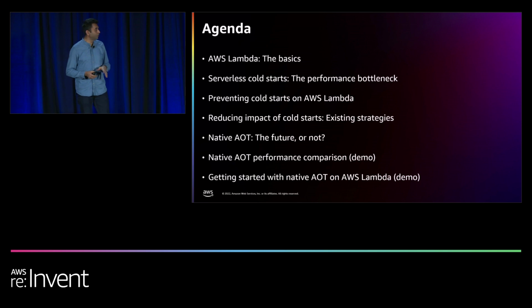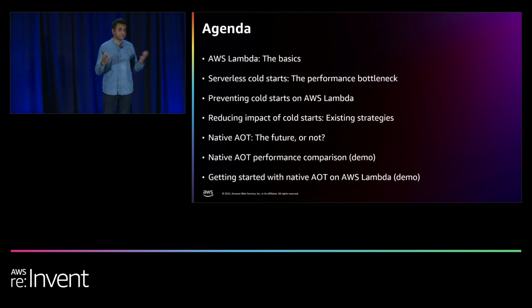And this year, we have been focusing and investing a lot around native AOT, and we've launched tooling around native AOT for you to use on AWS Lambda. We'll do a demo. Bo will take over when we come to that section. He primarily worked on native AOT for the whole year. So probably if there's anybody on AWS who understands native AOT really well, it's him.